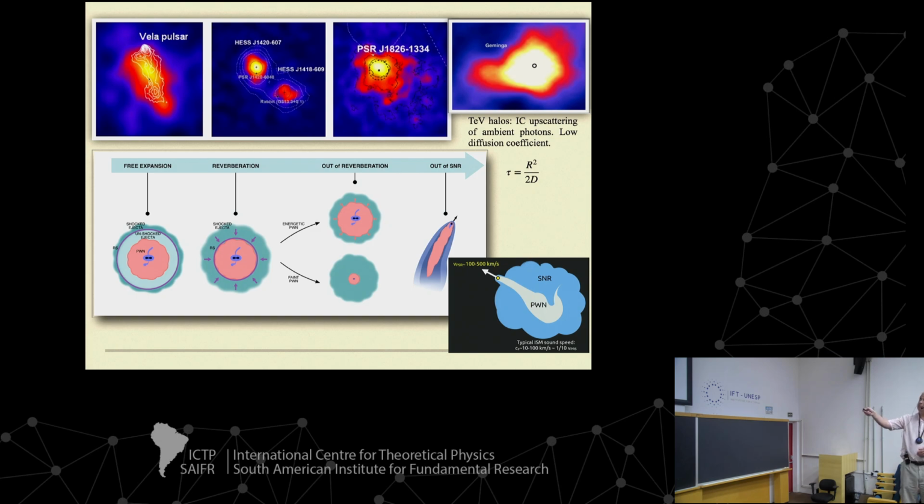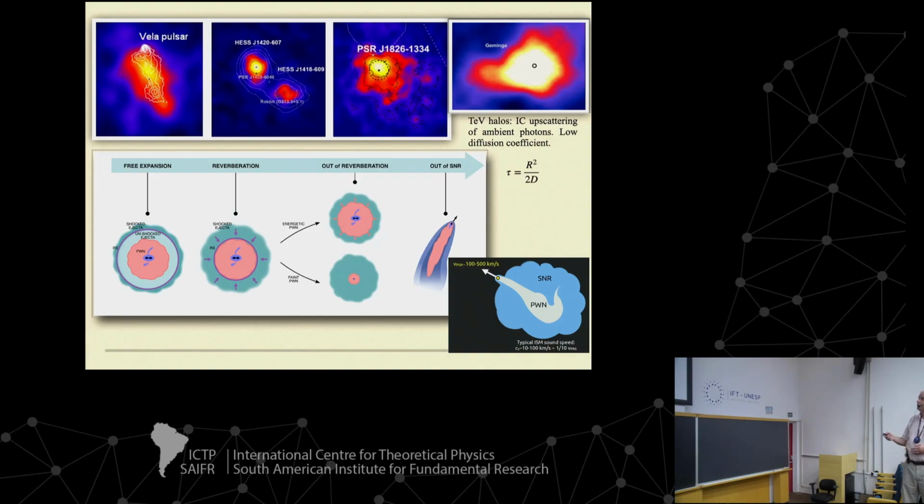This is the Vela pulsar. You see that the pulsar is here, and then we have this cometary tail, and we have the gamma rays seen in this case by H.E.S.S., I think, coming from the tail.